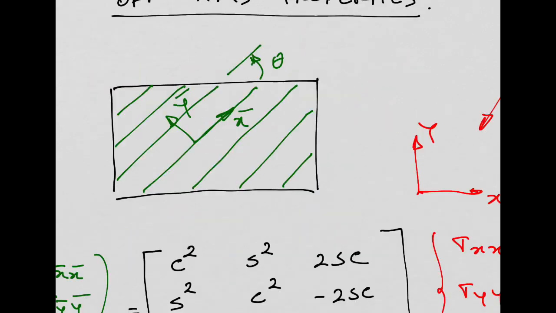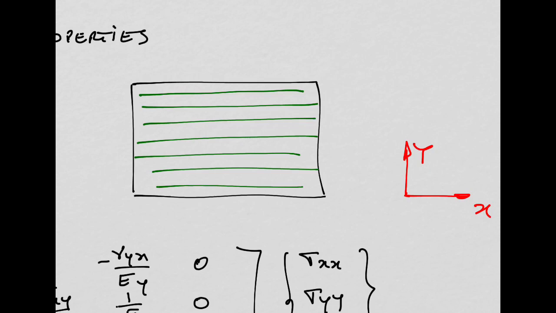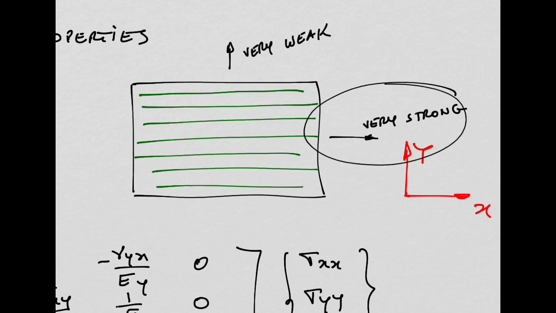You remember that I told you last week that this lamina is very strong in this direction, very strong, but in this direction it is very weak. So the optimum means all the load is being carried in the direction of the fibers.